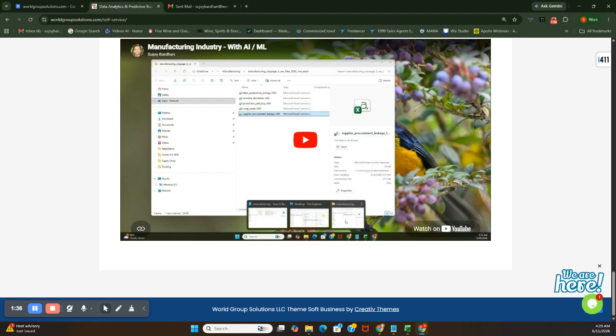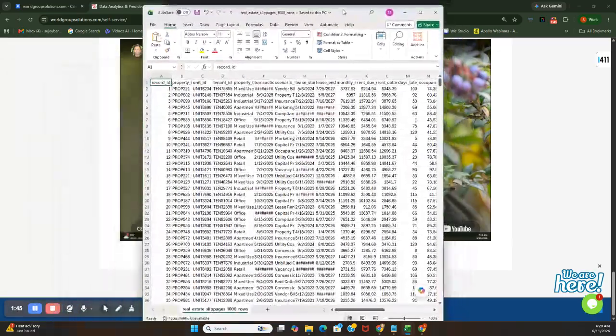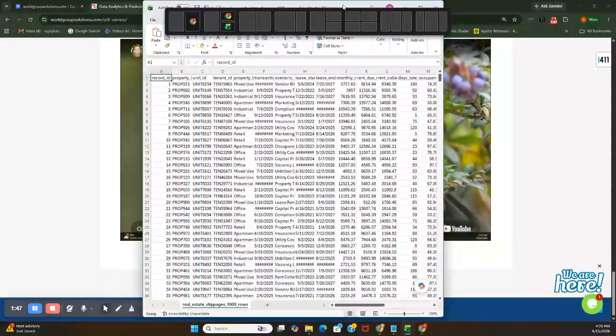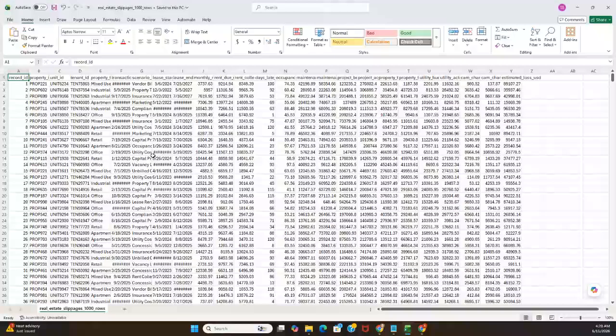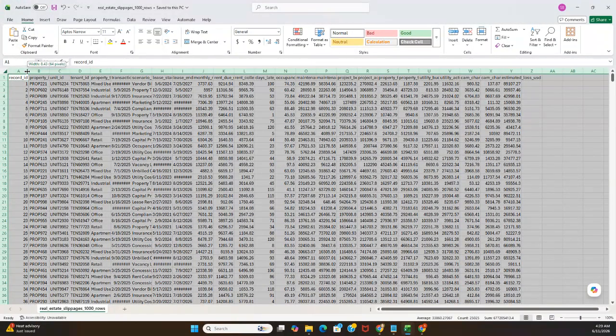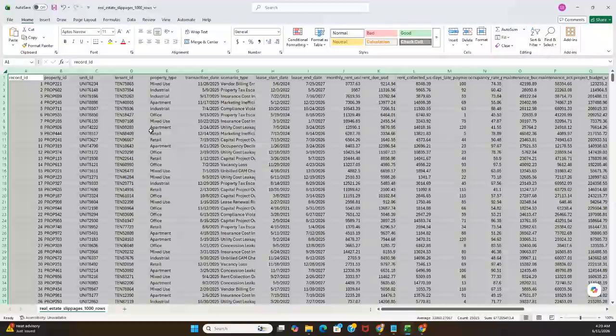Let me see if I can bring that CSV file here so that we understand what we are looking at. Just one minute. There you go. I had a CSV file which is basically looking into slippages for real estate. It's nothing too difficult to understand how to generate a CSV file.